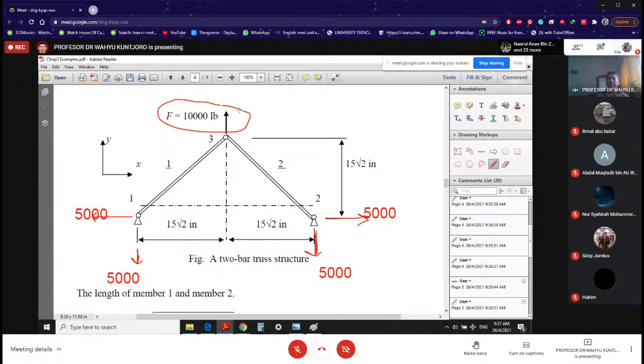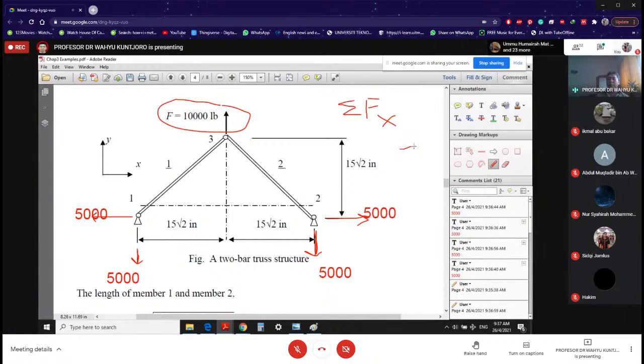Now, sigma fx must be 0. Sigma fy also must be 0. Over here, sigma fx is 0 because this 5,000 is going to be countered by that 5,000.